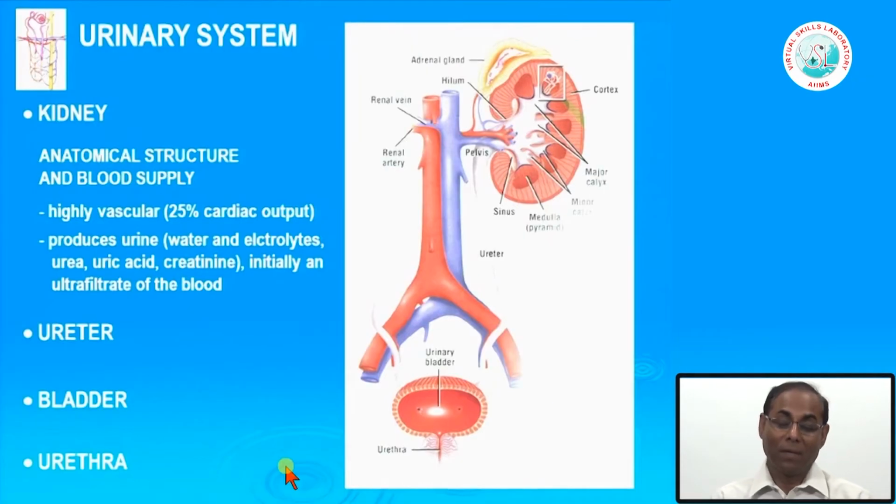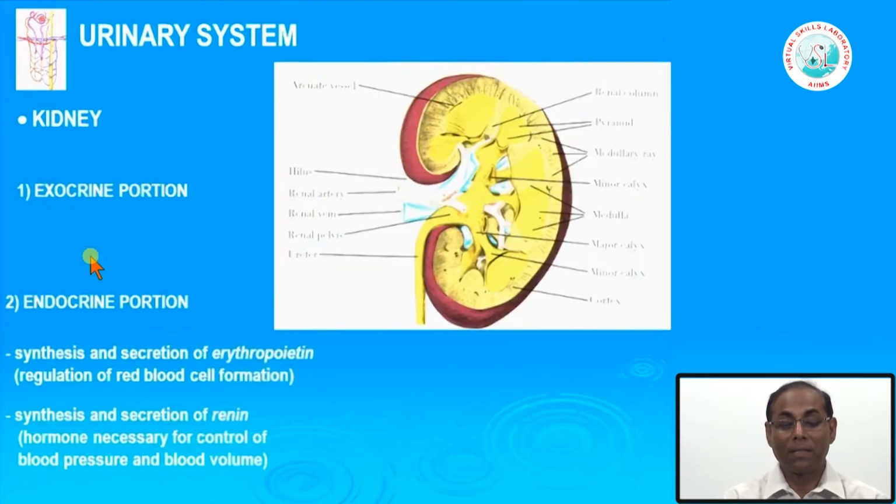Now, as you have already read, I am not going into detail. Obviously, the kidney is a very vascular organ because it has to take almost one quarter of the total cardiac output for the filtration function, and it is connected to the urinary bladder by the ureter and finally the urethra. This is the whole organization of the gross anatomical urinary system.